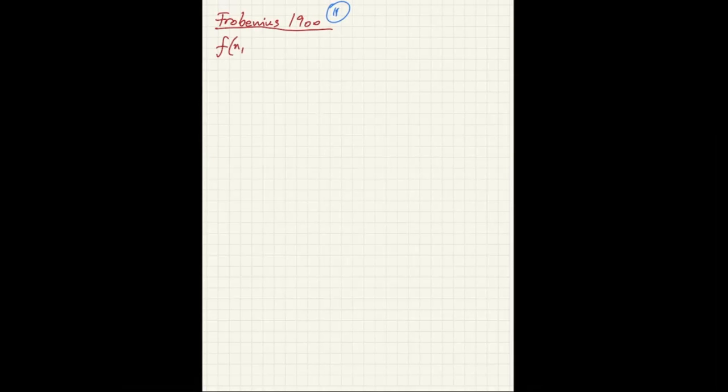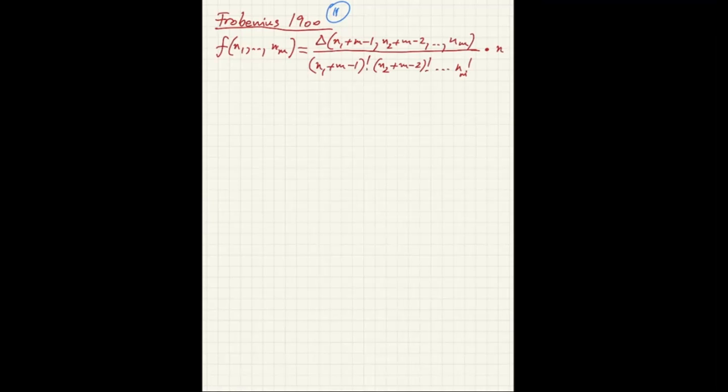You can deduce that the number of tableaus of shape n1, n2, up to nm will equal the following: this Vandermonde determinant of the numbers n1 plus m minus 1, n2 plus m minus 2, all the way to nm, divided by n1 plus m minus 1 factorial, n2 plus m minus 2 factorial, all the way to nm factorial, and times n factorial here.